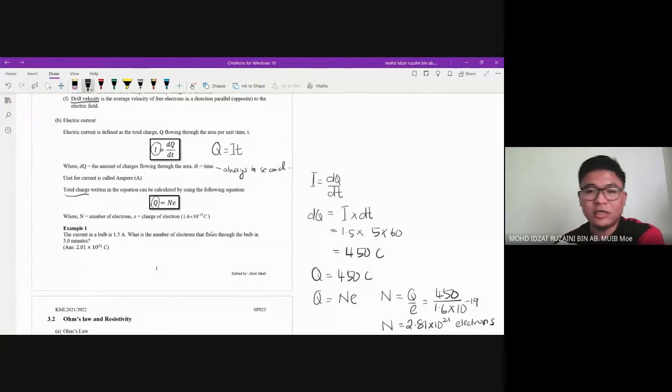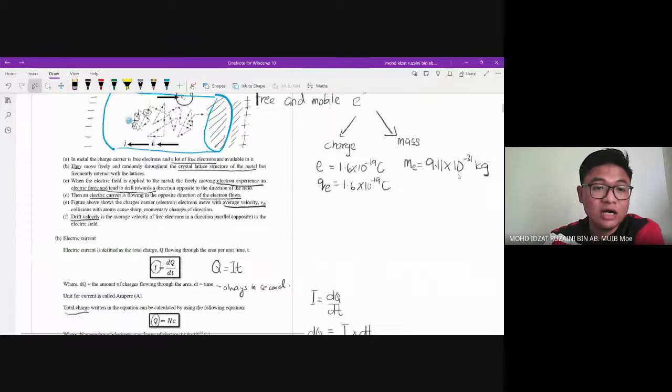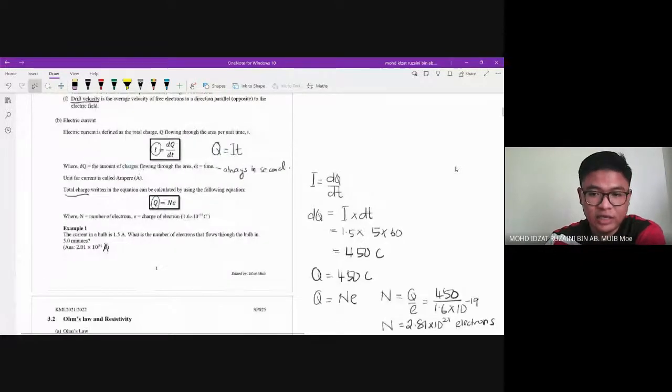So in 5 minutes, you can see how many billions of electrons flow through the bulb to produce the light. This is not coulomb, that was a mistake; it is the number of electrons. That is 3.1, that's it.